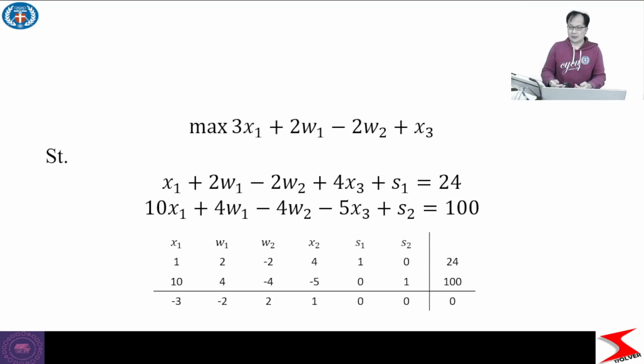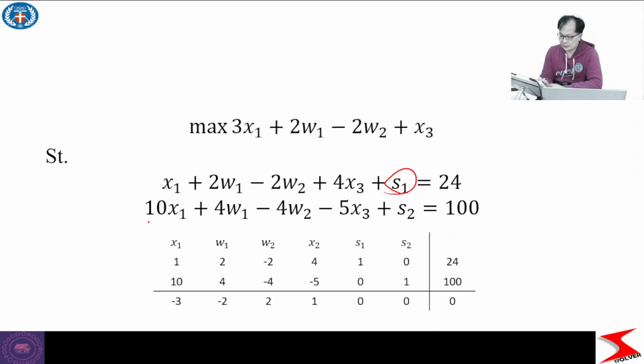Then we can use the four variables in the simplex tableau. So now we change the objective to 3 times x1 plus 2 w1 minus 2 w2 plus x3, and the two constraints are x1 plus 2 w1 minus 2 w2 plus 4 x3 less than or equal to 24, and we add s1 as a slack variable into constraint 1.